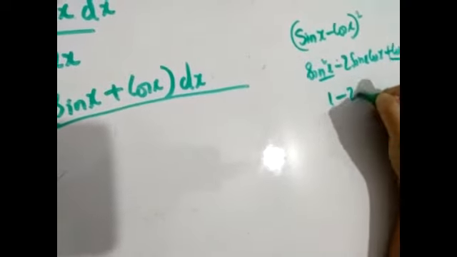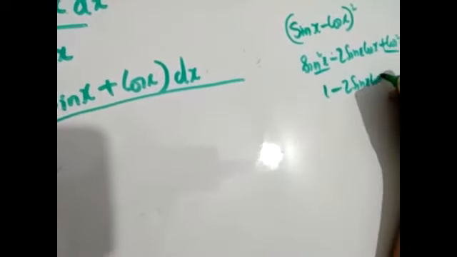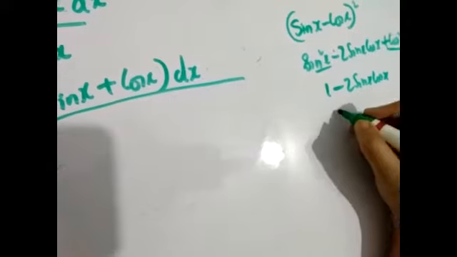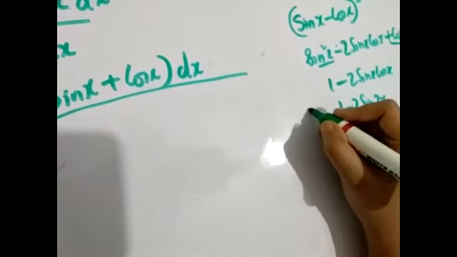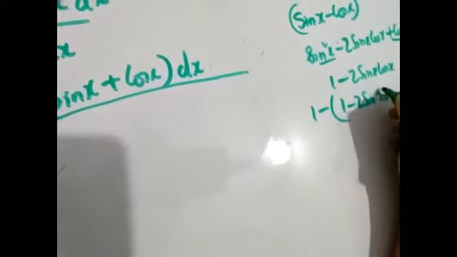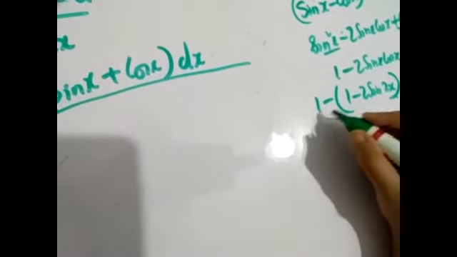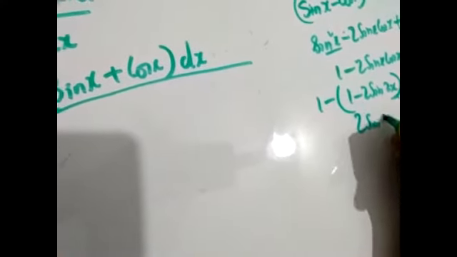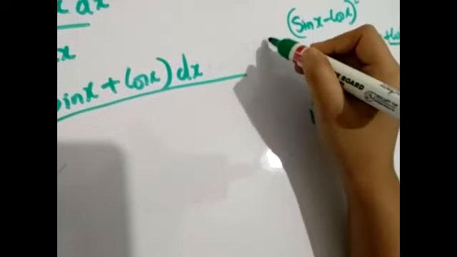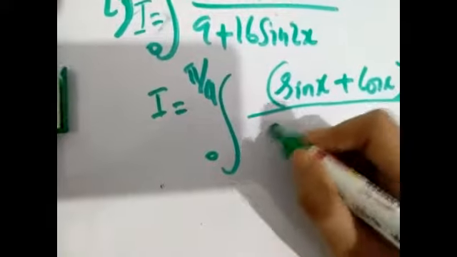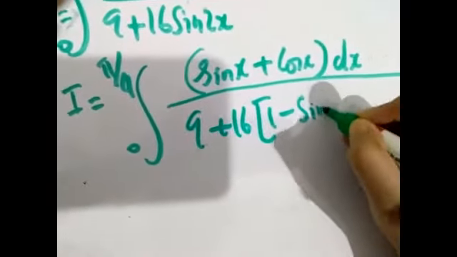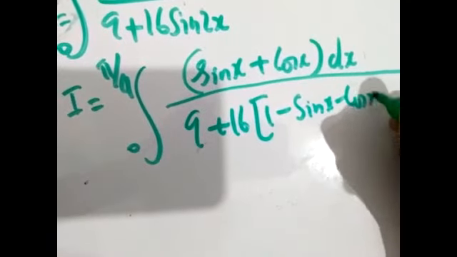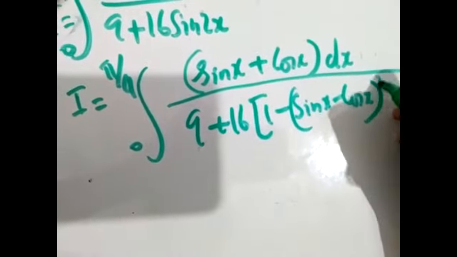So 1 minus 2 sin x cos x. What is 2 sin x cos x? It is sin 2x. So if I put 1 minus over here and put this in bracket, I can write instead of sin 2x, 1 minus this thing. So I am writing this as 9 plus 16 times 1 minus (sin x minus cos x) whole square.